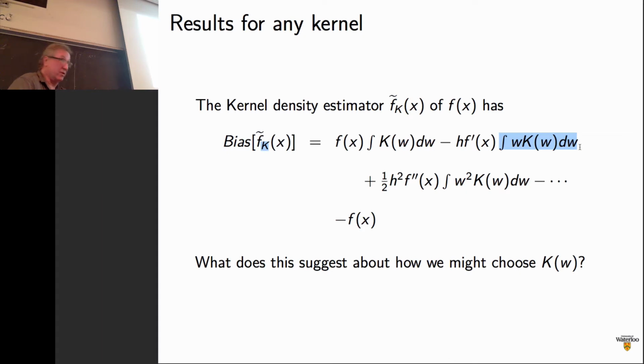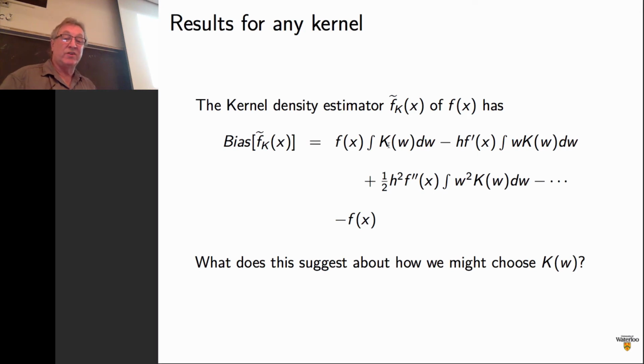So if I made that 0, that was also a requirement, then the bias would be of order h squared. So if I required that the integral of k of w integrates to 1, and the integral of w k of w is 0, do you know of any functions off the top of your head that have that behavior?